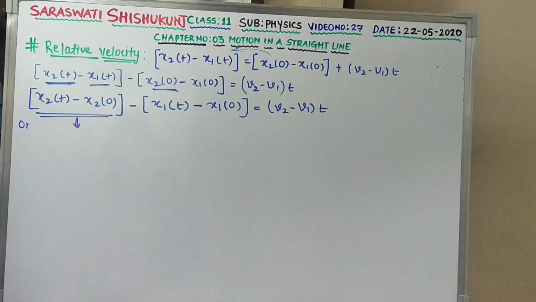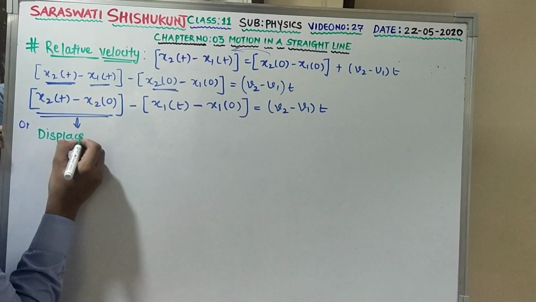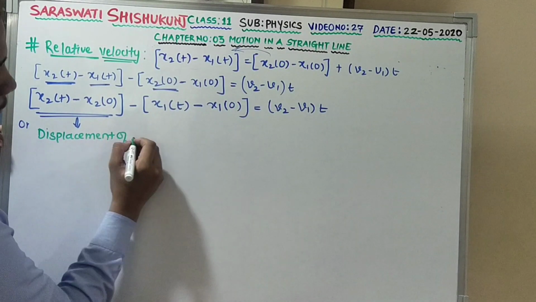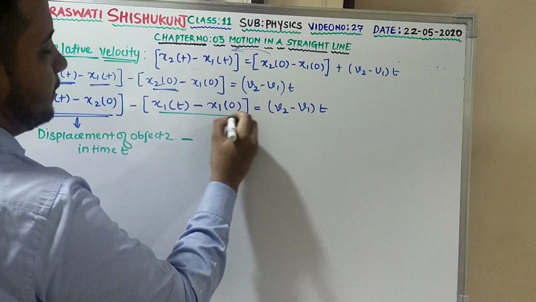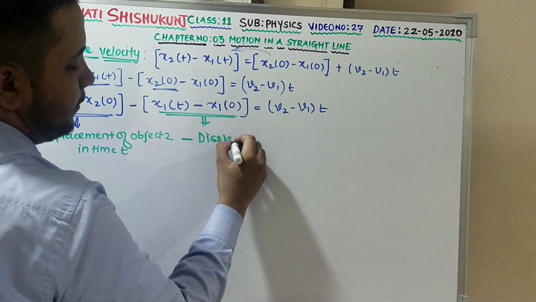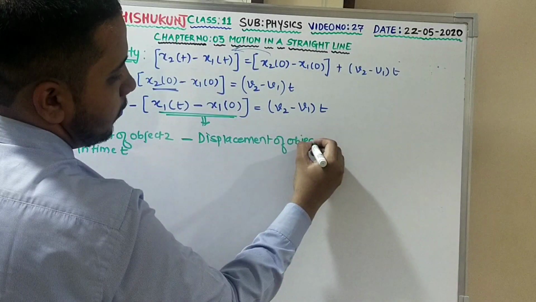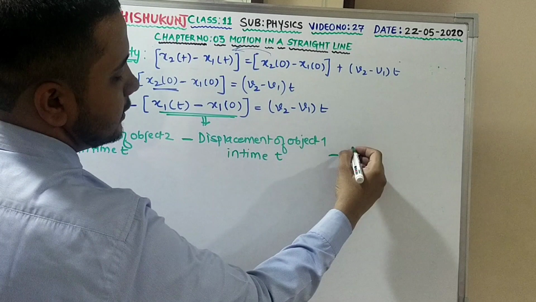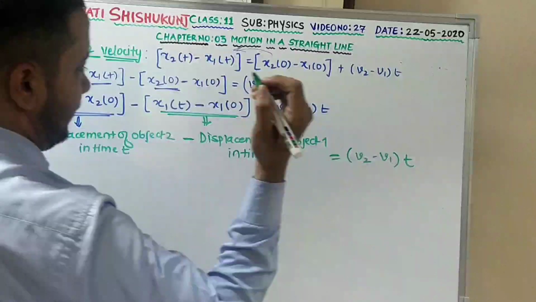This is nothing but the displacement of object 2 in time t, minus the displacement of object 1 in time t, that is equal to (v2 minus v1) into t.